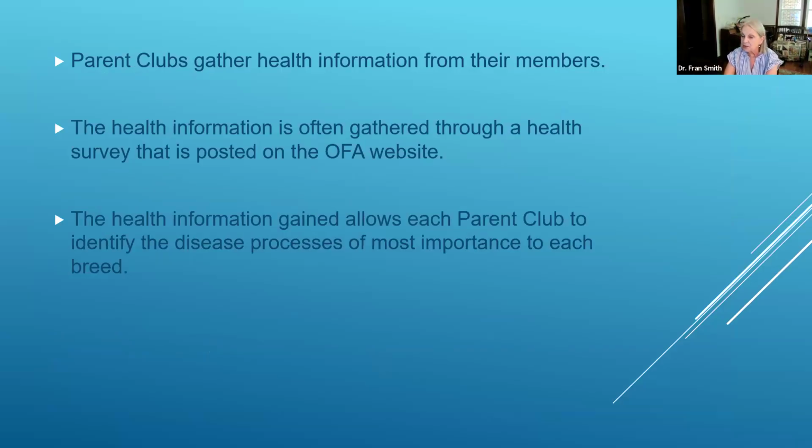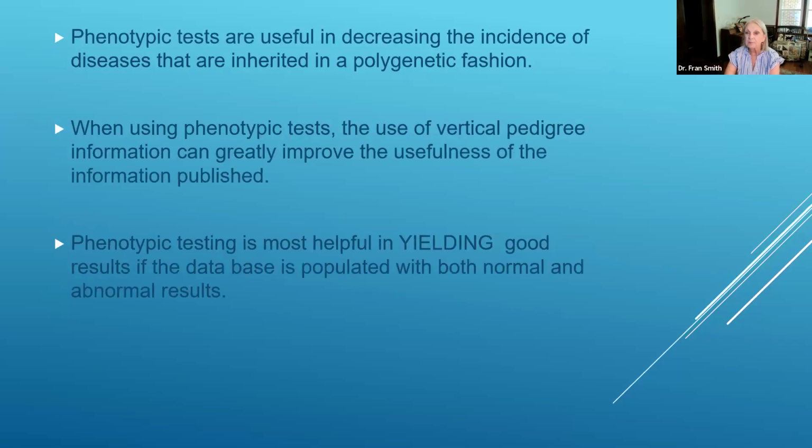You might be interested to know, for those of you who are very active in dogs, that in August, just in a couple weeks, the American Kennel Club Canine Health Foundation is sponsoring its semi-annual Parent Club Health Conference, where they will share and discuss all of the important issues they've identified in the last 2 years.